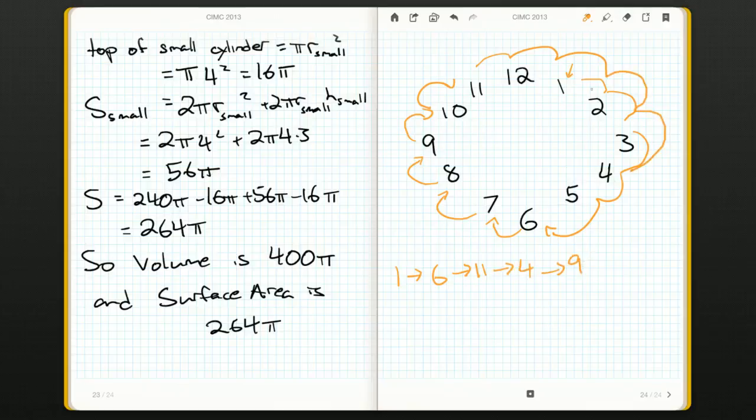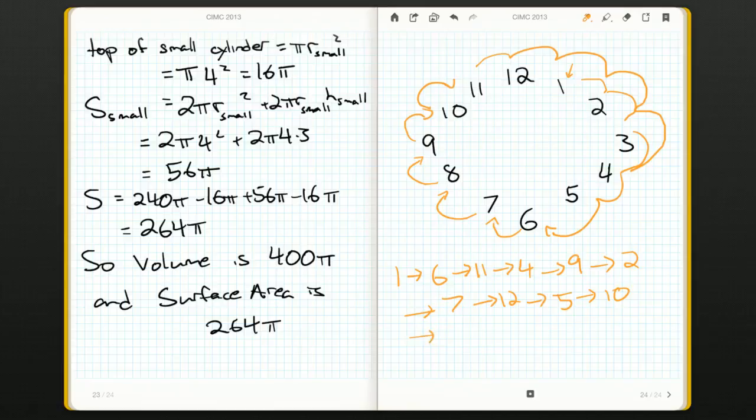Probably once I hit the 12, I might have changed color. So from 9, we go 10, 11, 12, 1, 2. Then from 2, we go all the way up to 7. Then we go to 12. Then 1, 2, 3, 4, 5. 6, 7, 8, 9, 10. We're up to 10 now.